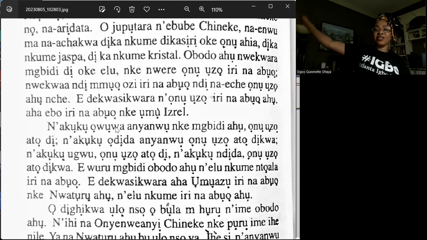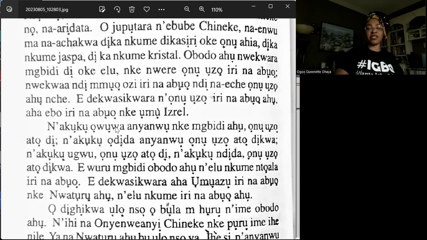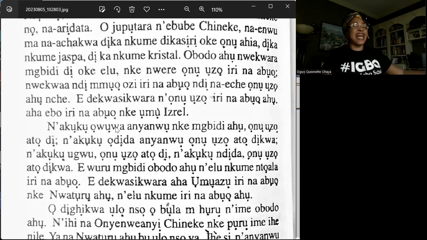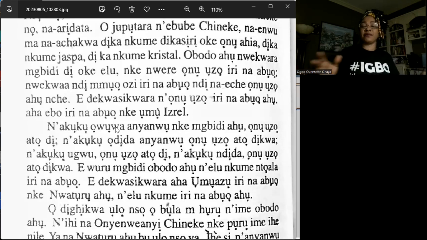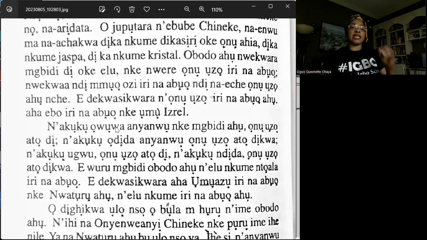Akụkụ aka nri, your right side. So when somebody is explaining something, n'akụkụ gị means by your side. I may not be specific which side, whether right or left. But they're telling us here n'akụkụ ọwụwa anyanwụ, sunrise.